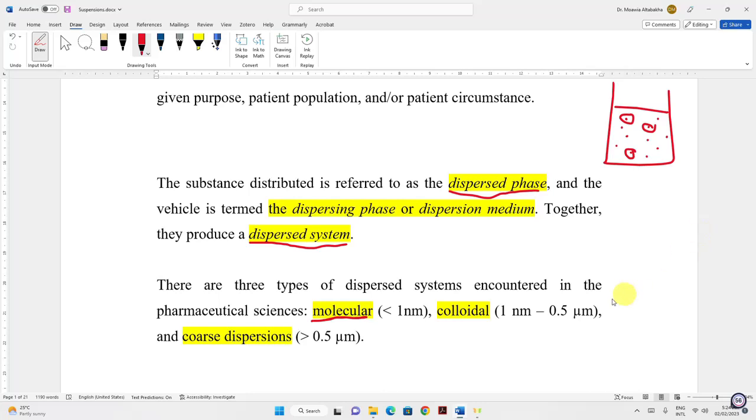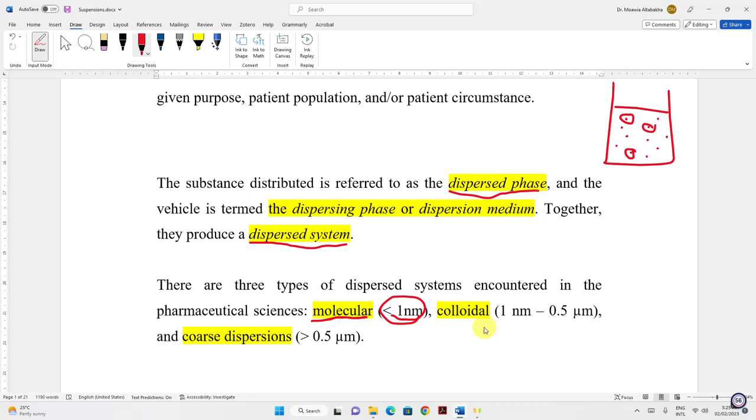When we have a colloidal preparation, it is between 1 nanometer and 500 nanometer, or 0.5 micrometer. If it is less than 1 nanometer, we call it molecular. If it is 1 nanometer to 0.5 micrometer, it's colloidal. Now, there are some molecular dispersions that are considered colloidal. That is the case when the size is 1 nanometer or above, and this happens when you are dealing with polymers.